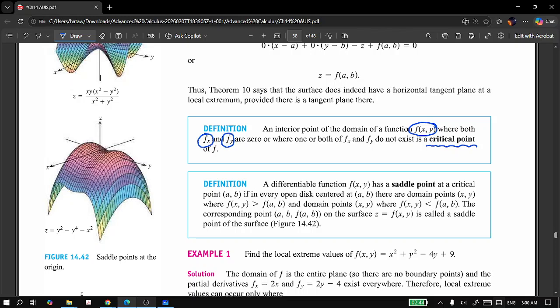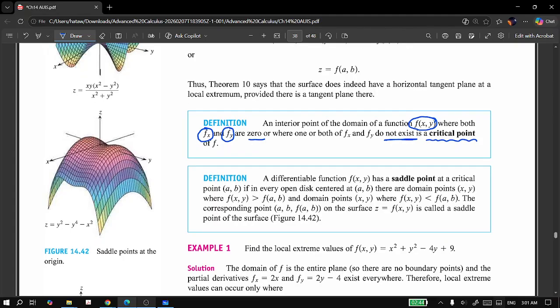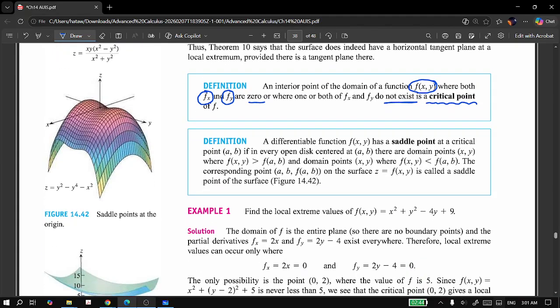If f sub x and f sub y we find values that are equal to 0 or do not exist, that means undefined, then these points are called critical points for that function. So the definition of critical points is the same thing as you have studied in Cal 1. It happens where the first derivative of the function is either undefined or is equal to 0.